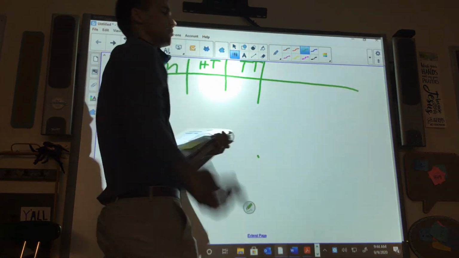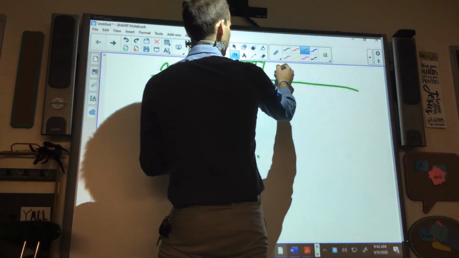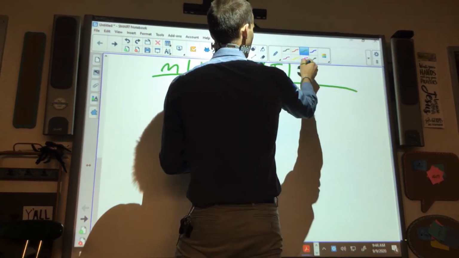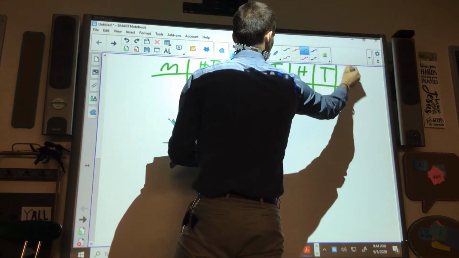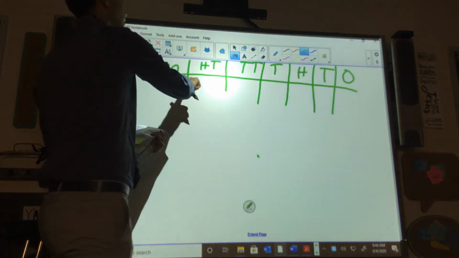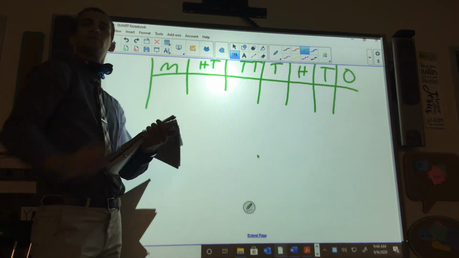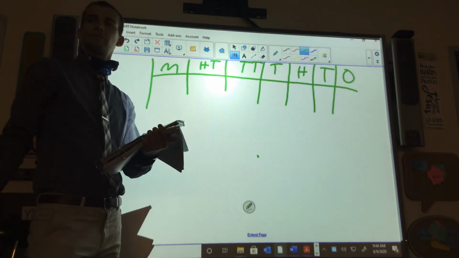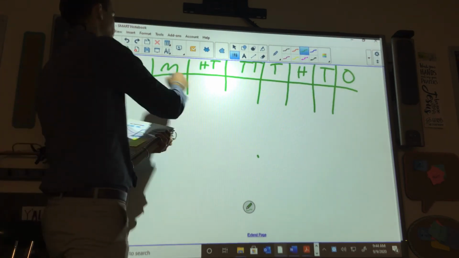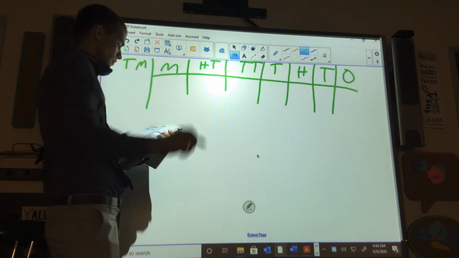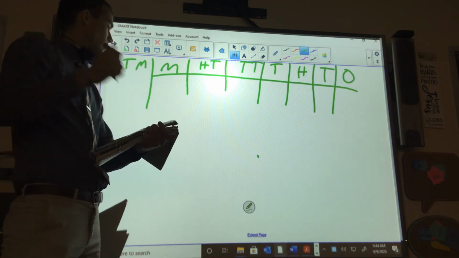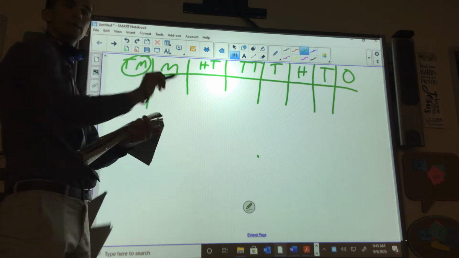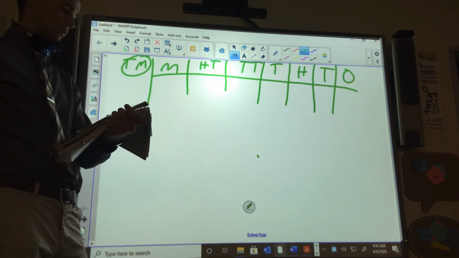Everyone say it together with me. After 10,000s is? Then. Yep. So after millions, what would come next? 10 million. So on here, we don't have it up to 10 millions yet, but you realize that would be what would come next, 10 millions after that.